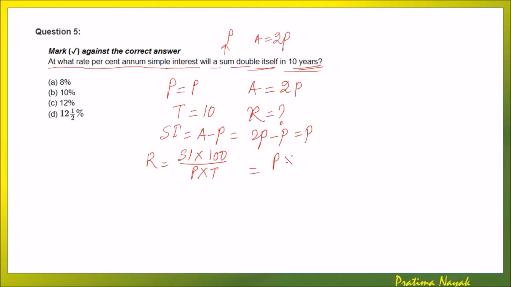P into 100. Here this is also P. Principal is P, interest is also P, into time, which is 10. So this is easy now. How many percent? Rate is 10% per annum. So B is the answer.